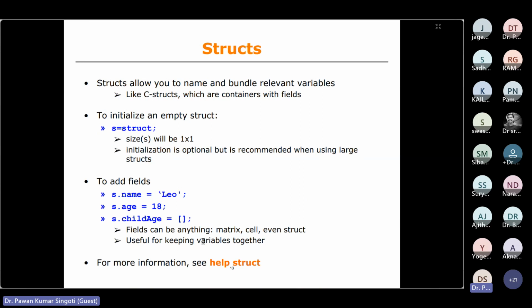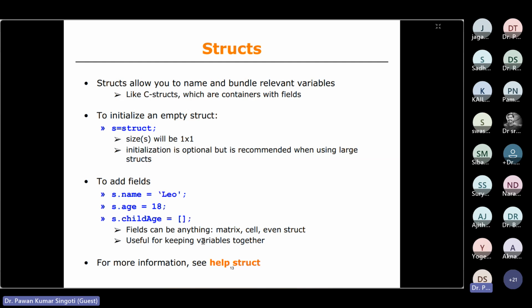Now struct allows you to name and bundle relevant variables. Structures are containers with fields, and many fields are possible. To initialize an empty structure, just type s equal to struct. Size will be 1 comma 1, and initialization is optional but recommended when using large structs.